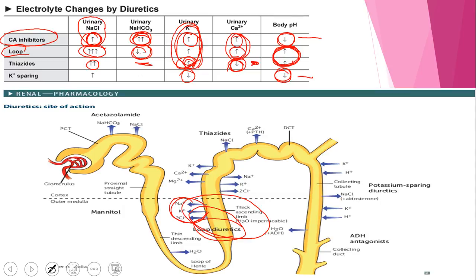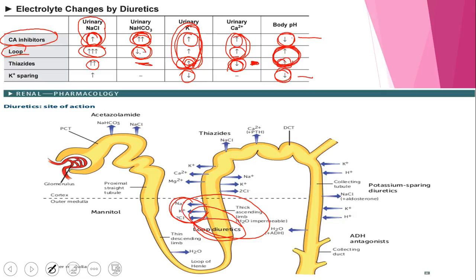If someone is hypocalcemic, you could give them a thiazide because it's going to decrease their urinary calcium, so you hold on to your calcium a little bit more. So that's good to be aware of. And again, this one is going to increase your body pH, making it more alkaline.